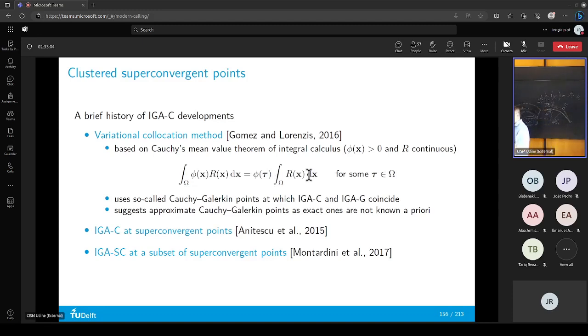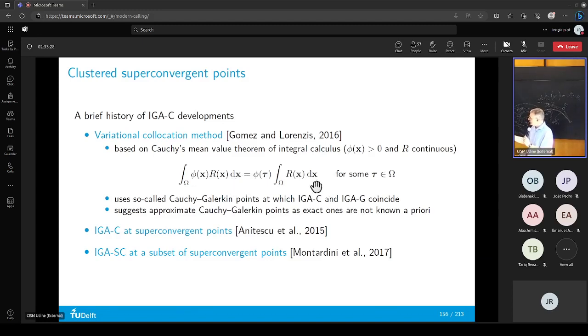Okay, which is again one of these "there exists" math theorems where no one tells you how to find it. But if you were able to find these points, you could use them as collocation points, because then you can pull the test function out of this, and you get exactly the integration of what you would get with Galerkin.